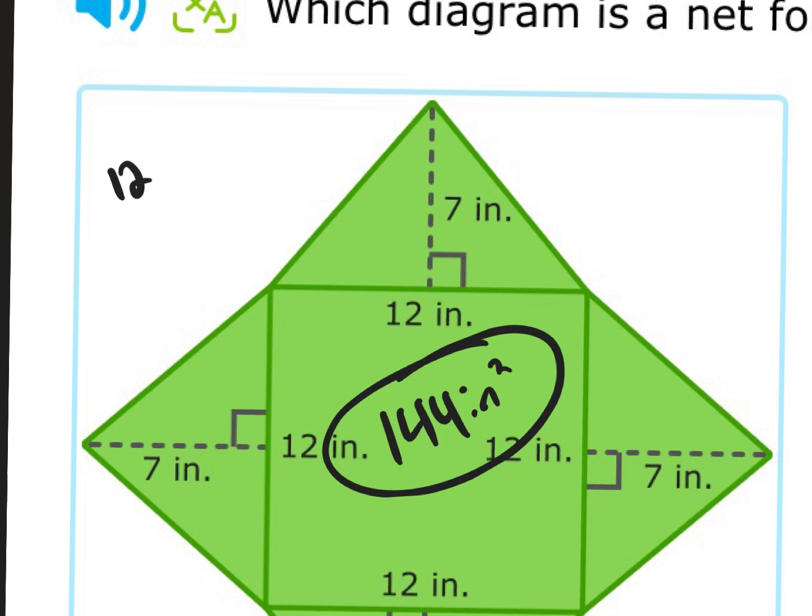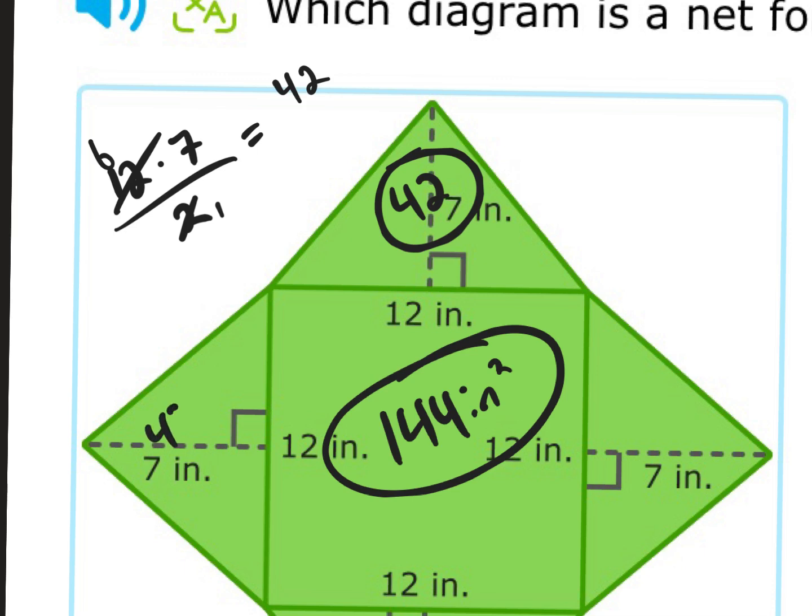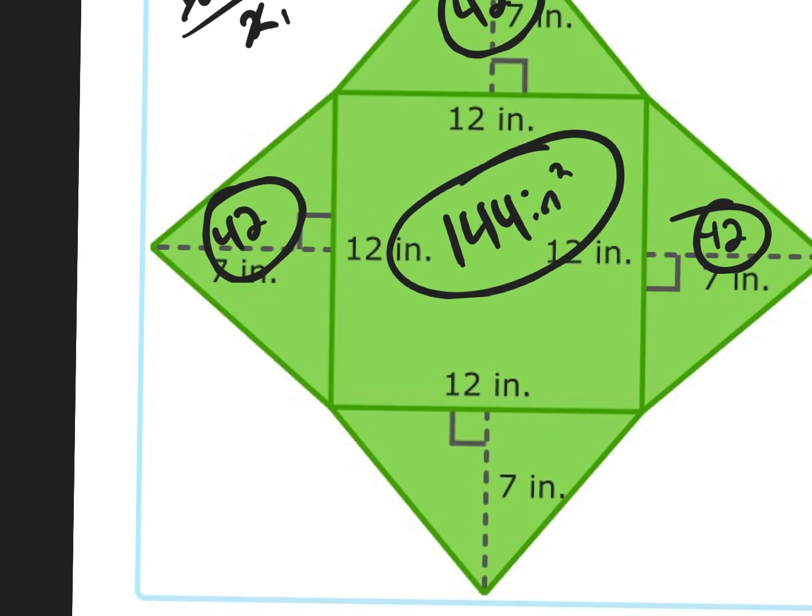But if we recognize that 12 is divisible by 2, we can cancel these guys. So that would just get us 6, and we would end up with 42. So our area of each of these triangles, since they're all the same, is going to be equal to 42.